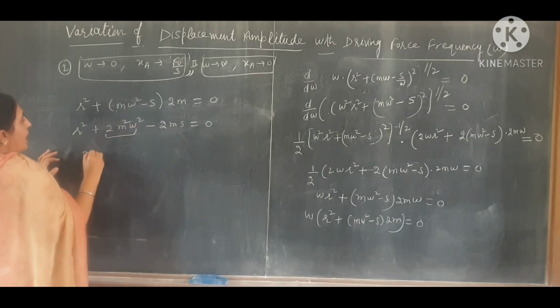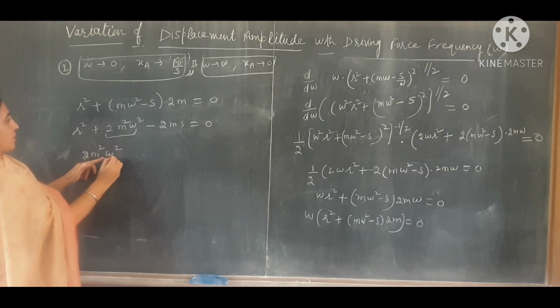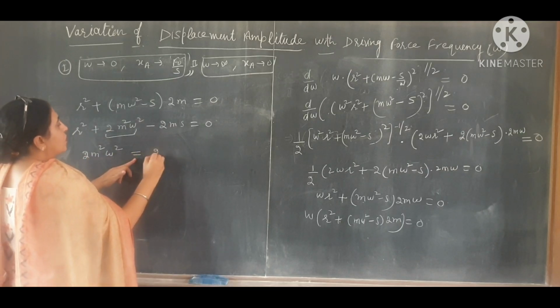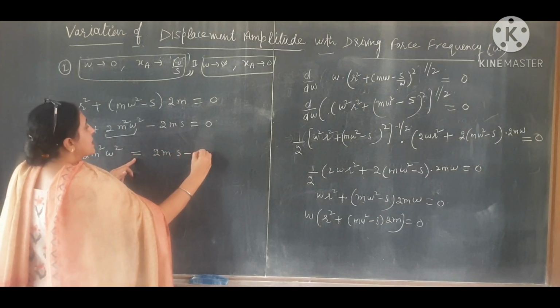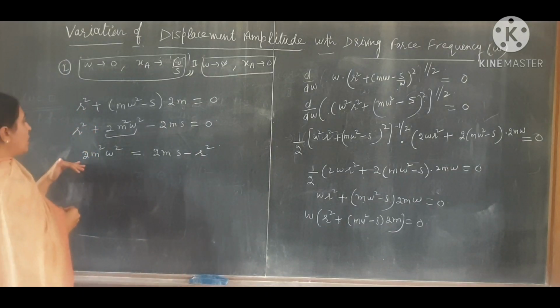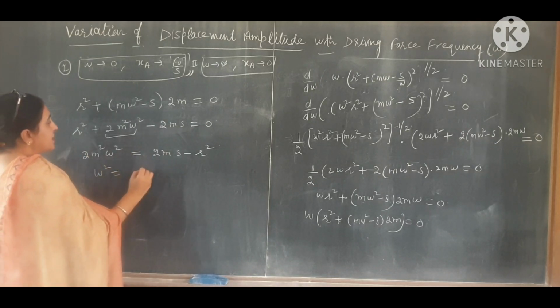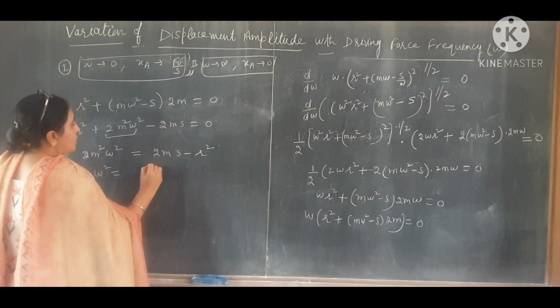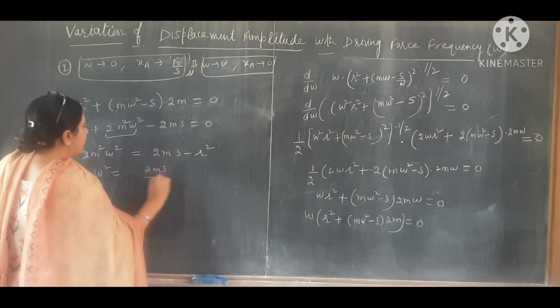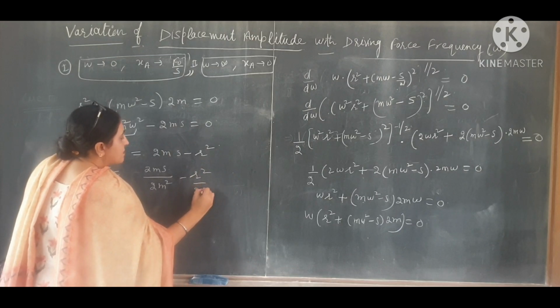Because we have to find out omega, 2 m square omega square is equal to 2ms minus r square. Now divide it by 2 m square: 2ms divided by 2 m square minus r square over 2 m square.